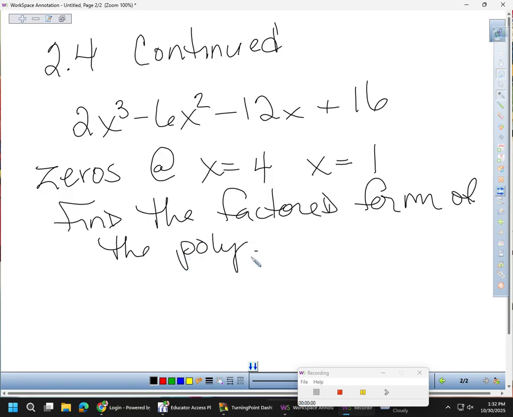Okay? So first of all, I have 2 of my zeros. I don't have the third one. In order to find the third one, we are going to divide twice in this case, since we have 2 zeros, to find the missing factor.